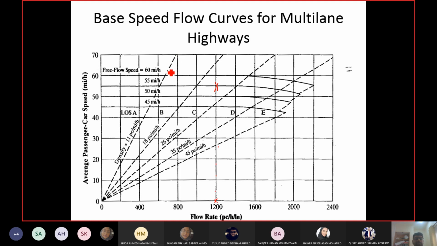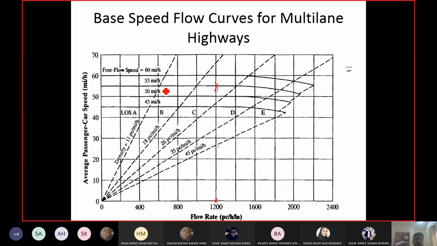For example, this is the line for the density of level of service A. The flow value at which the line intersects the free flow speed curve is the service flow rate for level of service A. So for example, it intersects here, find this value, and this is the service flow rate for level of service A when your free flow speed is 60 miles per hour for a multilane highway.